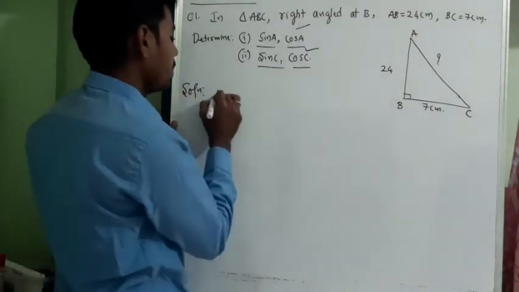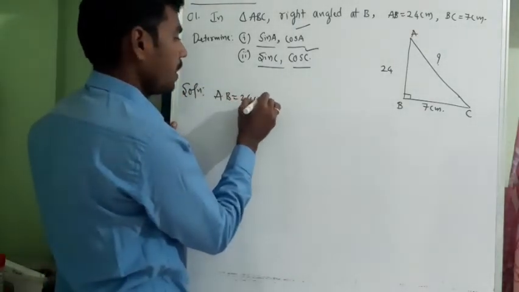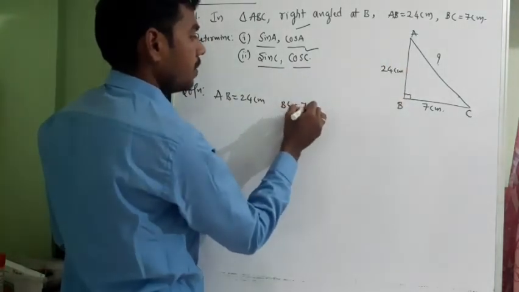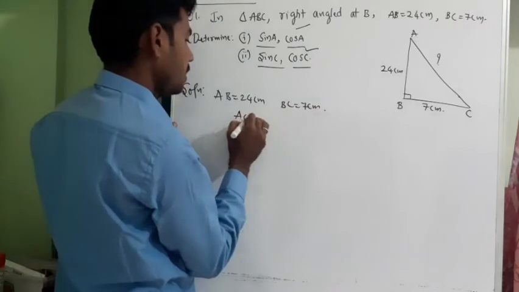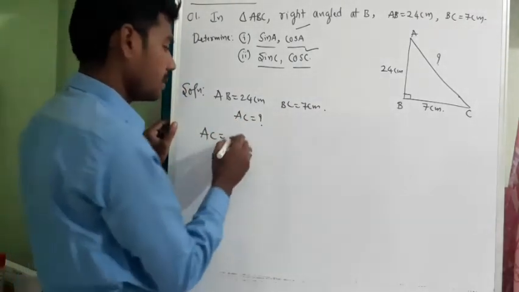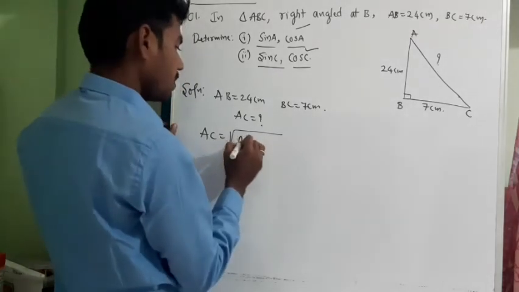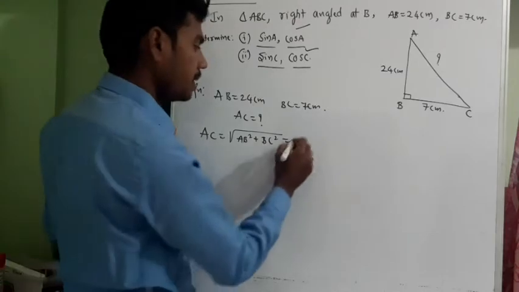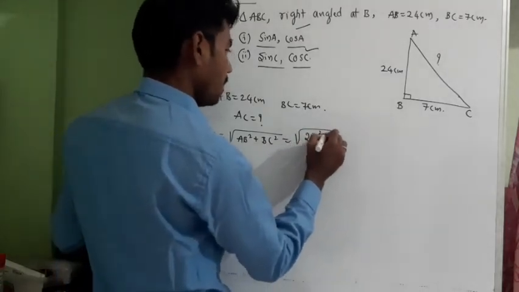So AB is equal to 24 centimeter and BC is equal to 7 centimeter. Then AC is equal to what? We can make use of Pythagoras theorem, that is AB square plus BC square. What is AB square? That is 24 square. What is BC square?